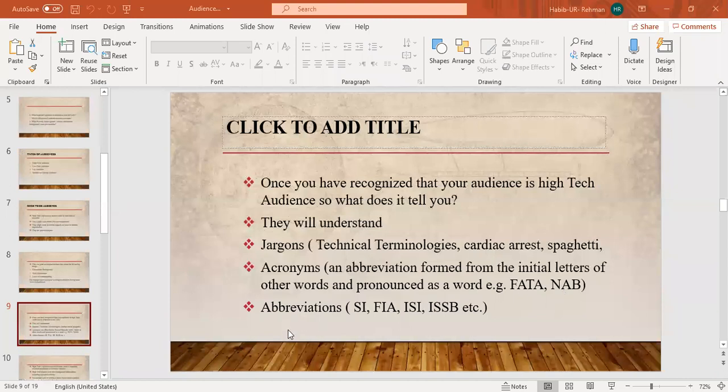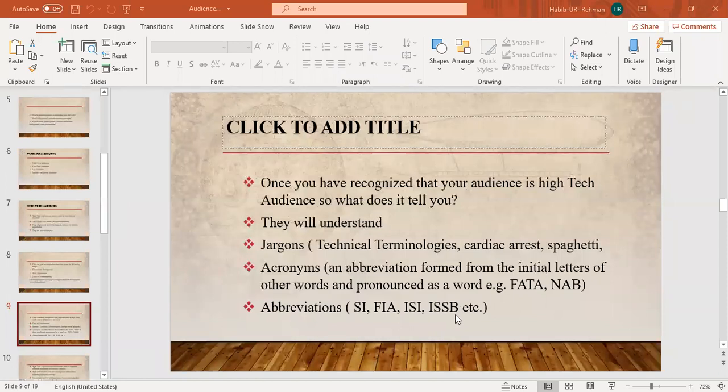Abbreviations: the definition is the same, that we form an abbreviation from the initial letters of the words, but we don't pronounce them as a single word. For example, SI, FIA, ISI, ISSB. We pronounce these letters as individual letters, not a single word.